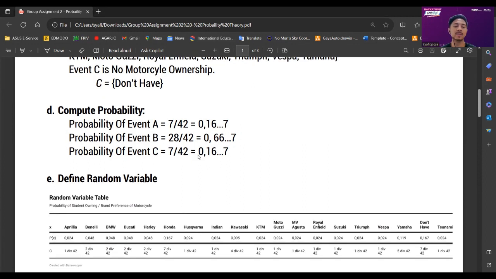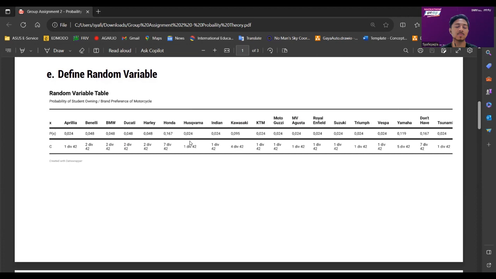And then we move to part E, define the variable. For the variable, we need to count the probability one by one for each motorcycle brand.